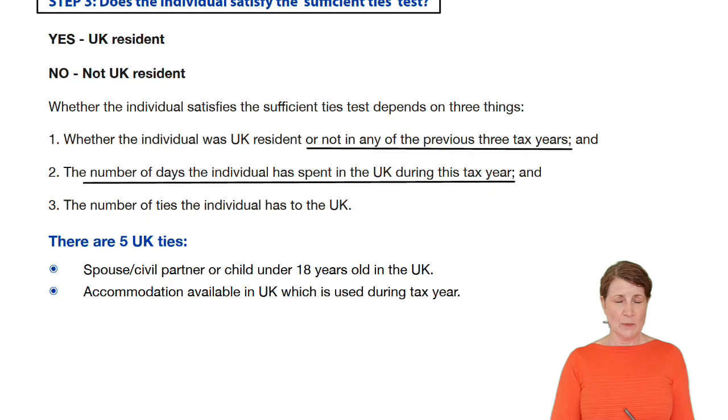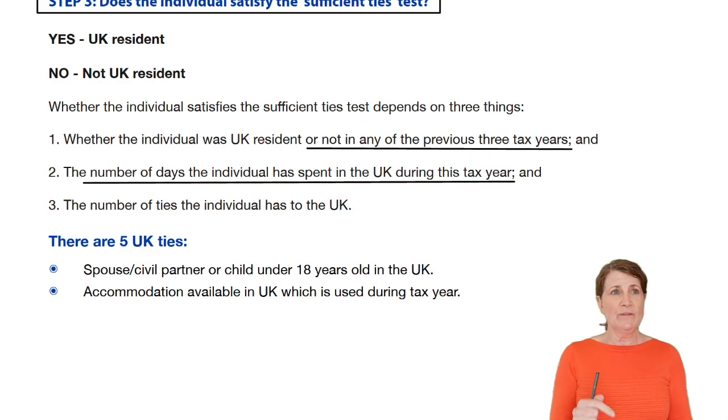And the other thing it depends on is how many ties you've got to the UK. So a tie to the UK, for example, would mean that you've got your wife and children that are UK resident. That would be a tie that you've got to the UK. So these are the things that we need to check.